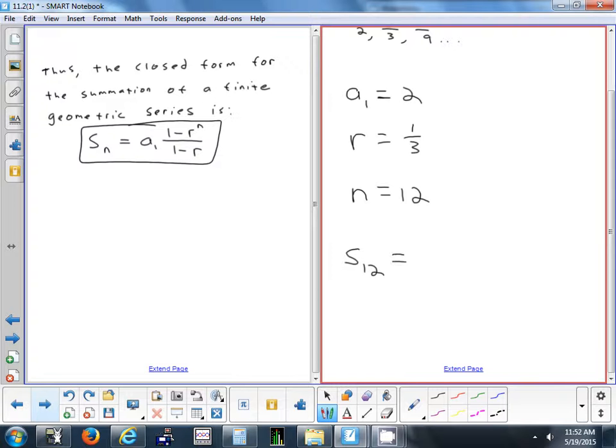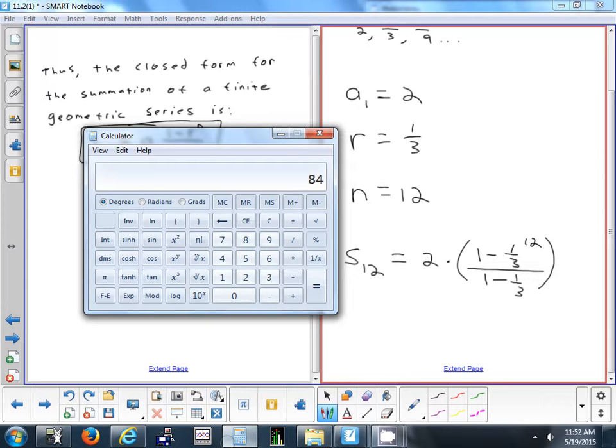The 12th partial sum is the first term times 1 minus r to the n. And we know r, so fill that in. So 1 minus r to the n, all over 1 minus r.